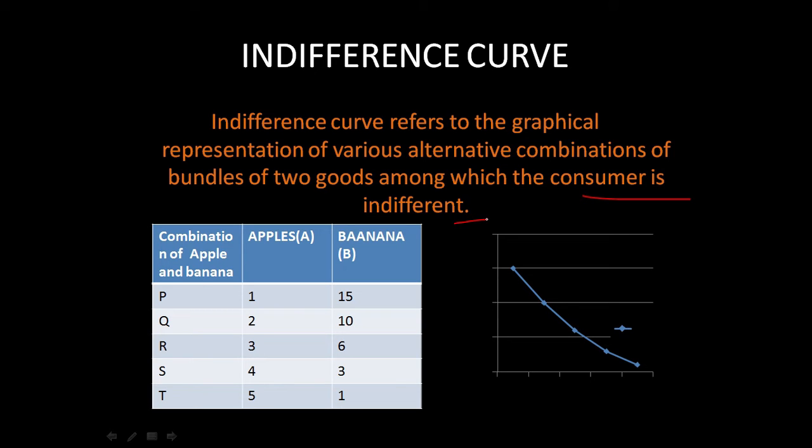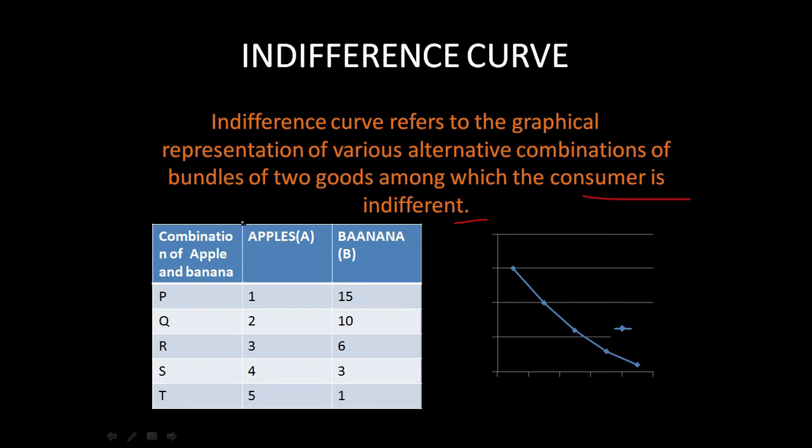What does it mean? The point of maximum satisfaction is achieved by studying the indifference map and budget line together. So when we have to find out the point of maximum satisfaction, then we have to study both the indifference curve and the budget line.